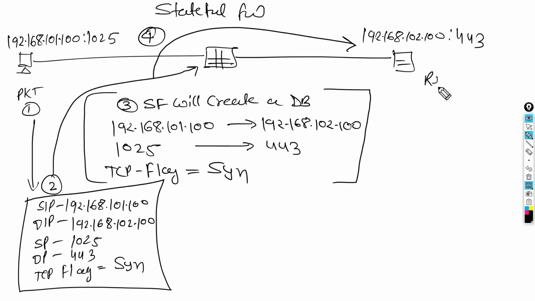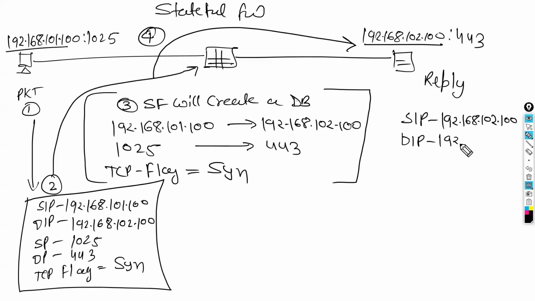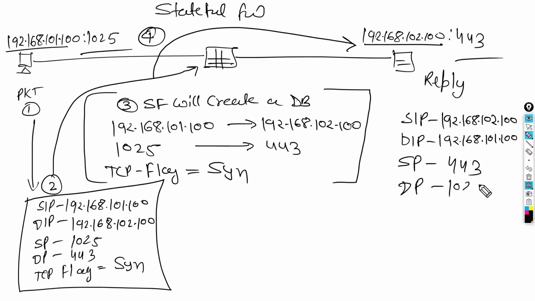Now what will the server do? The server will send a reply. When the server sends the reply, source IP will be 192.168.102.100, destination IP will be 192.168.101.100, source port will be 443, destination port will be 1025.